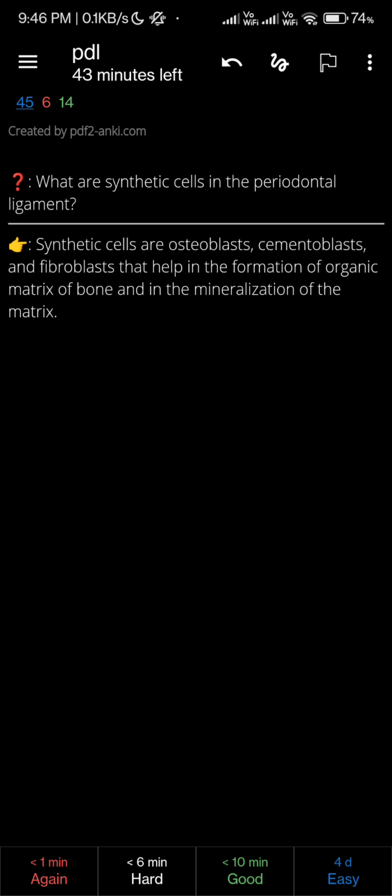Fibroblasts help in the formation of the organic matrix of the bone and mineralization of the matrix. So they help in secreting the organic matrix and mineralization of the matrix.